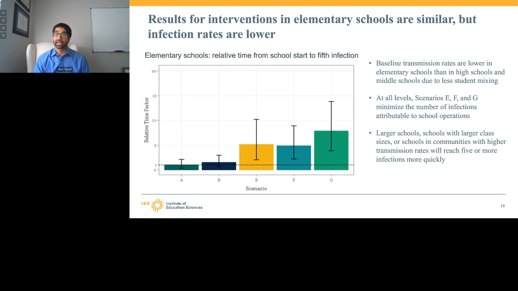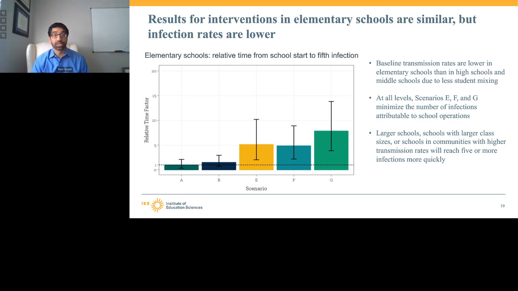Some general findings to sort of wrap up a little bit. The overall transmission rates are lower in elementary schools than in high schools and middle schools due to less student mixing across classes. At all levels, high school, middle school, and elementary school, scenarios E, F, and G minimize the number of infections attributed to school operations.